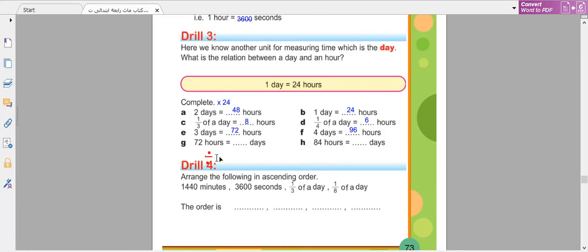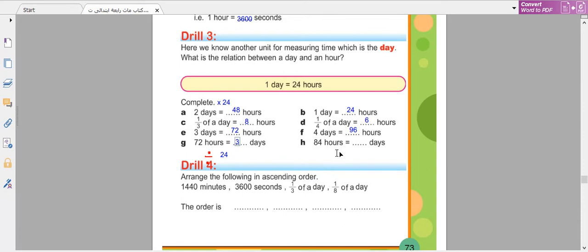Divided by 24, because we want to change from hours to days, and 1 day equal 24 hours, so we will do the opposite operation. 72 divided by 24, we will find out that it's equal 3.